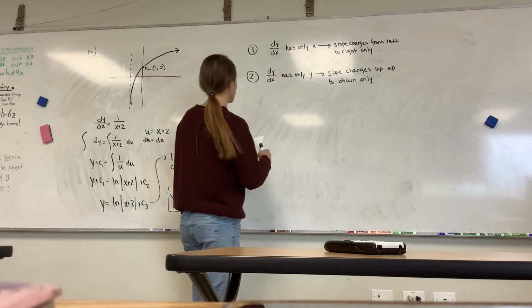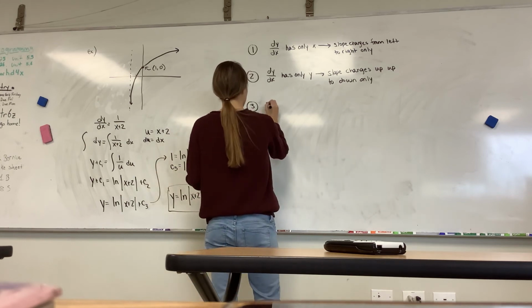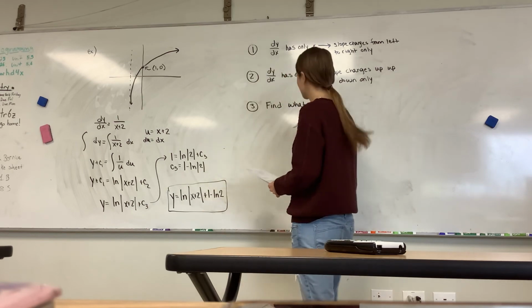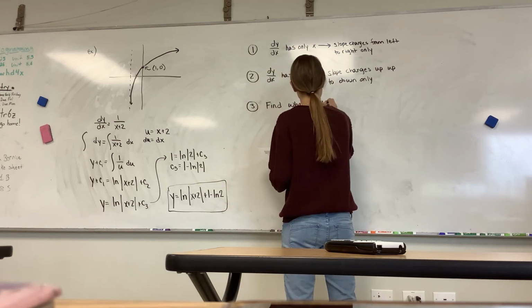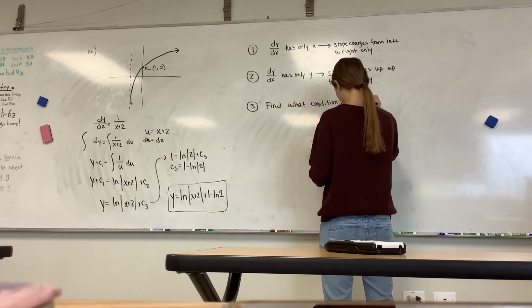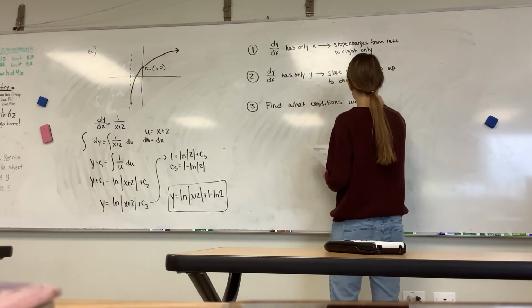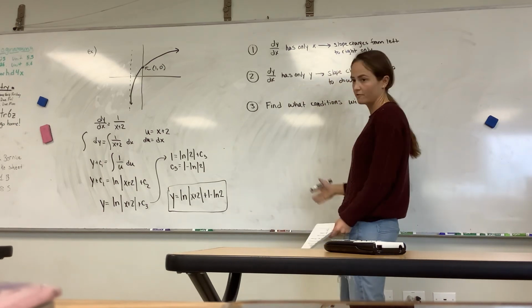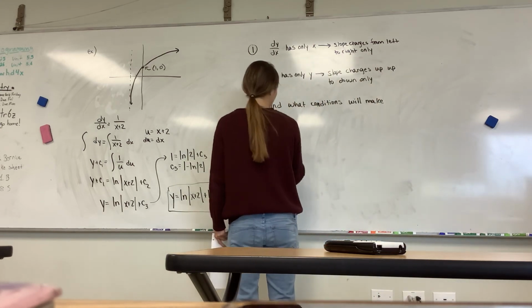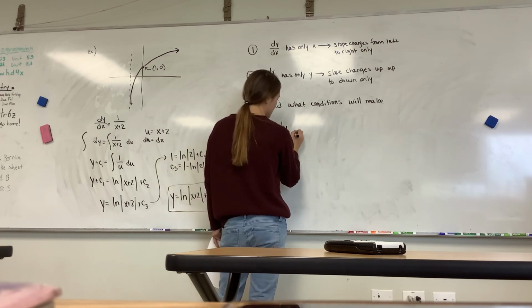So some things that will make your life easier is to find what conditions for x and y, like what x and y points, will make certain things happen. There's a couple of things that you can try to force x and y to become. Are there certain x's and y's that will make dy/dx equal 0?